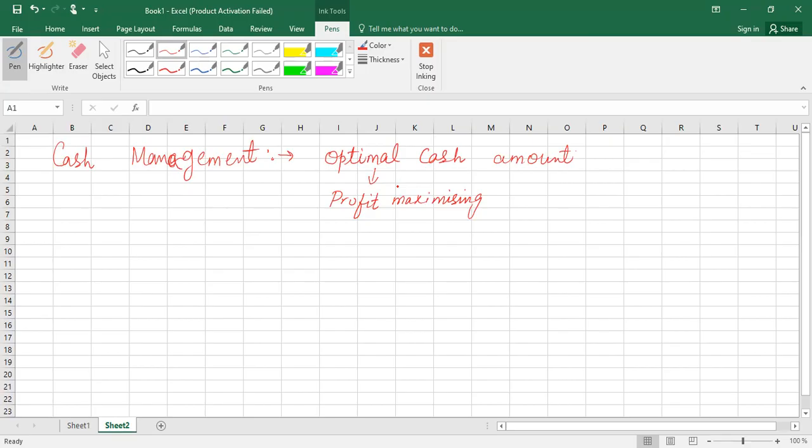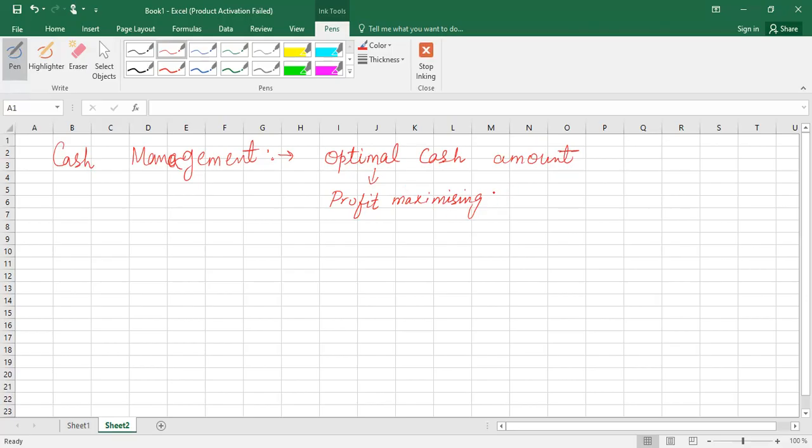There will be no delays in any cash payment like interest payment, lease payment, or loan installment. So if you have enough cash to settle these liabilities, this is called the optimal cash amount. It is the amount which must be held by the company to settle its short-term or day-to-day liabilities.